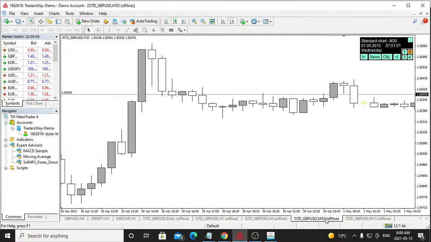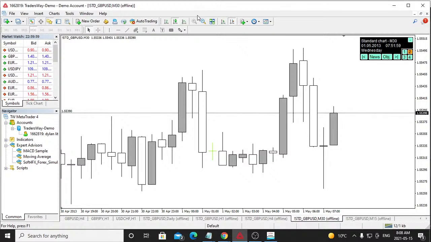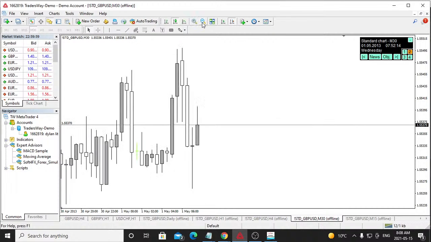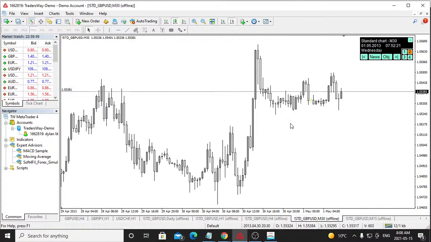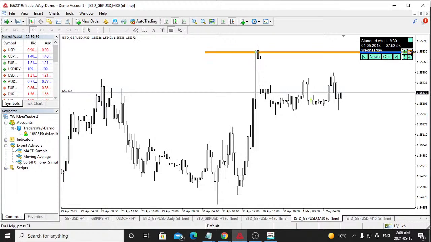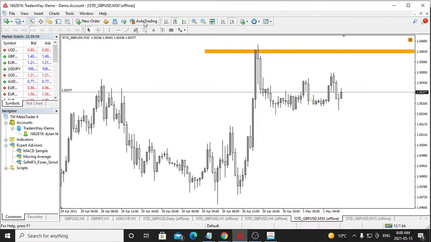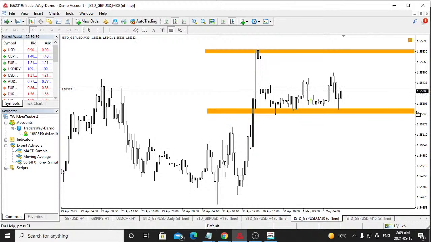So we'll zoom in here to the minute 30. Let's see where the minute 30 is heading. Now we're all the way zoomed in, which is good. You want to go from a top down perspective and see what's happening with price from the higher time frames to the lower time frames. So right here we have a level of support that looks like it could break.